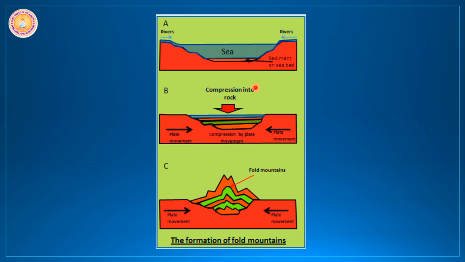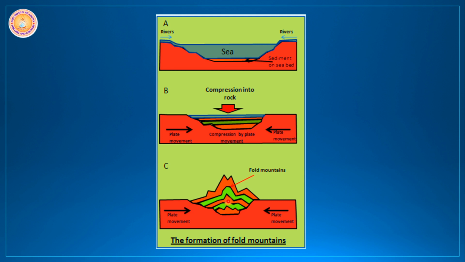You can see over here, the plates are moving, which are below the continents or ocean floors. They are moving towards each other and they are compressing, forming anticlines or synclines.